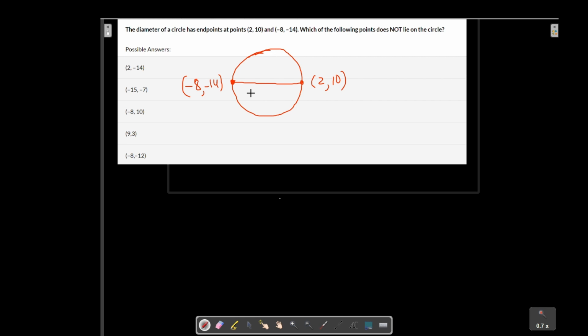These are the endpoints of the diameter. How can we find the center of the circle? The center of the circle is nothing but the midpoint of these 2 points. Let's find the midpoint of these 2 points.